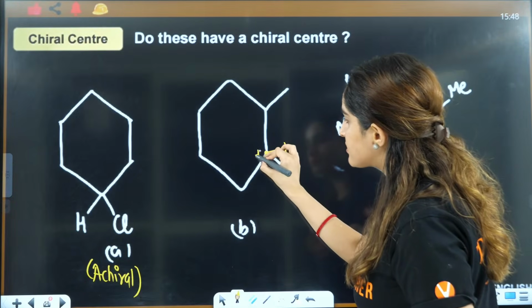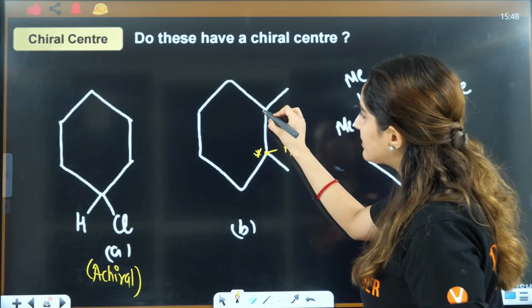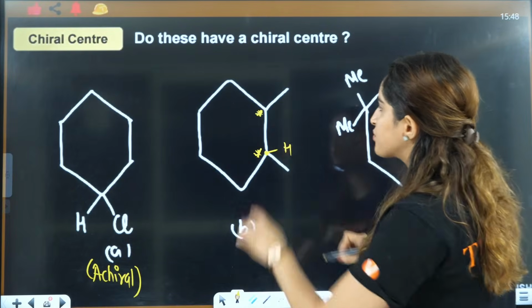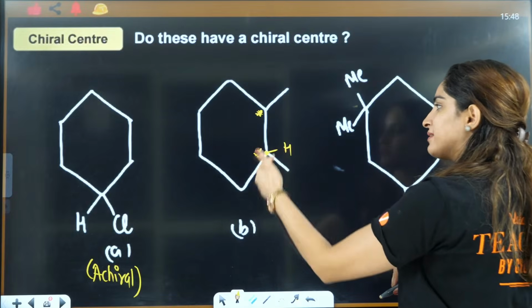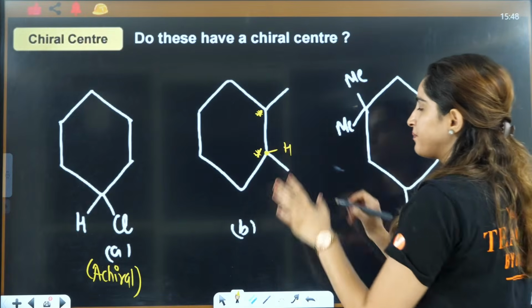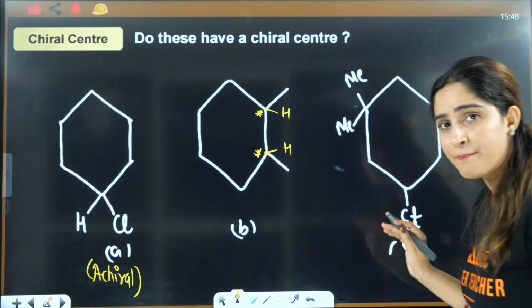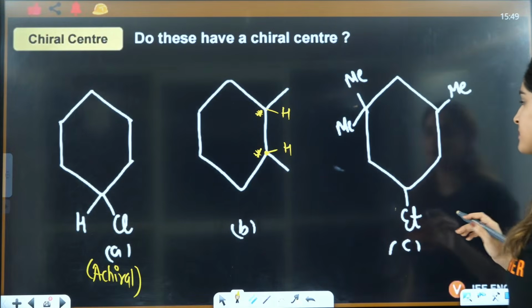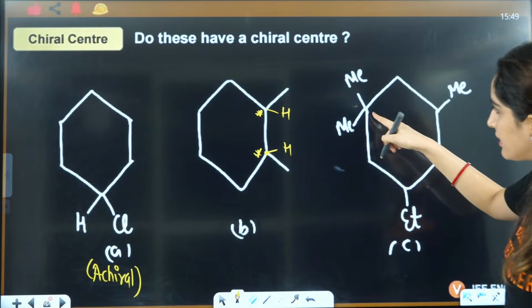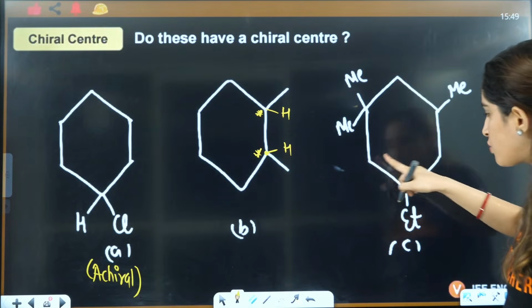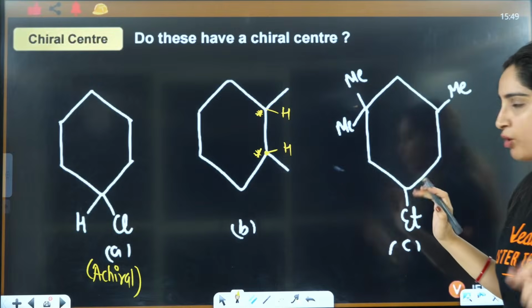So that means this is chiral. Similarly, this is also chiral because this has one methyl, one this group, and one hydrogen. Okay, so this has two chiral centers.